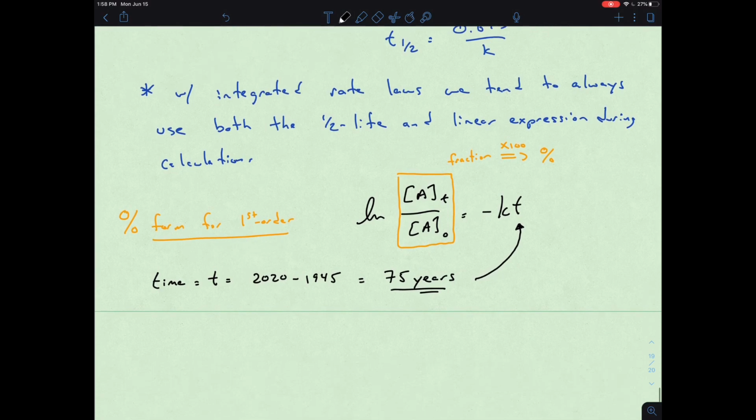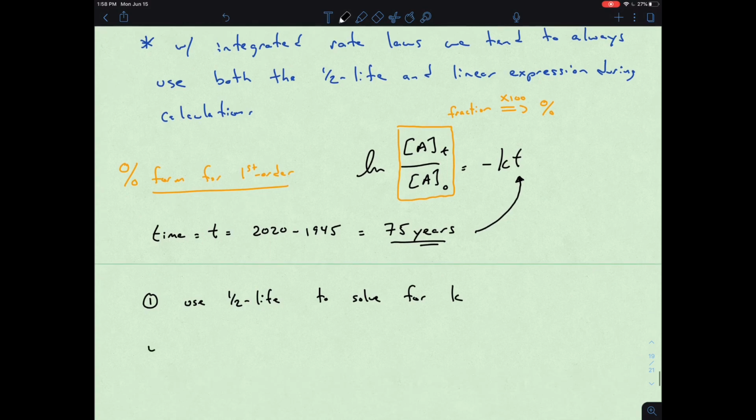So the first step, we're going to use half-life to solve for k. And then second, we're going to use the first order linear fit to solve for the percent strontium-90 remaining.